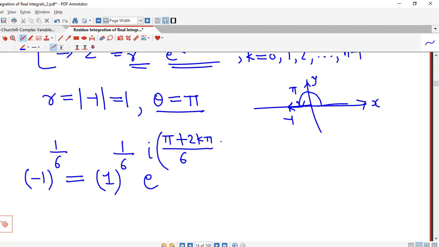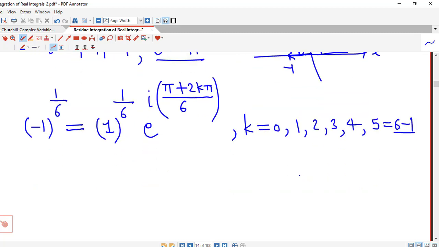N is 6 here, and k runs from 0, 1, 2 up to n minus 1. Here n is 6, so we have to go up to 6 minus 1, that is 5. So therefore minus 1 raised to 1 by 6 is 1 raised to 1 by 6 is 1.